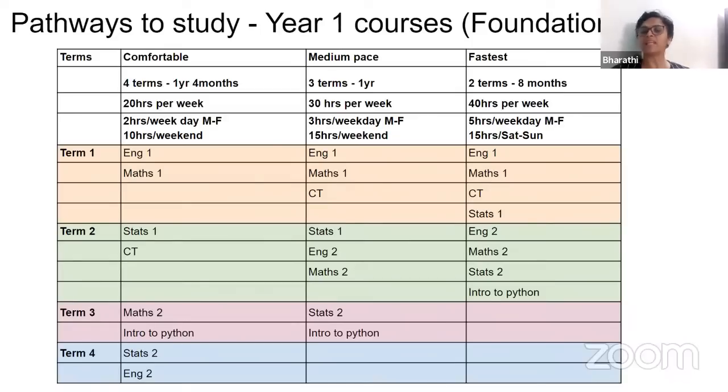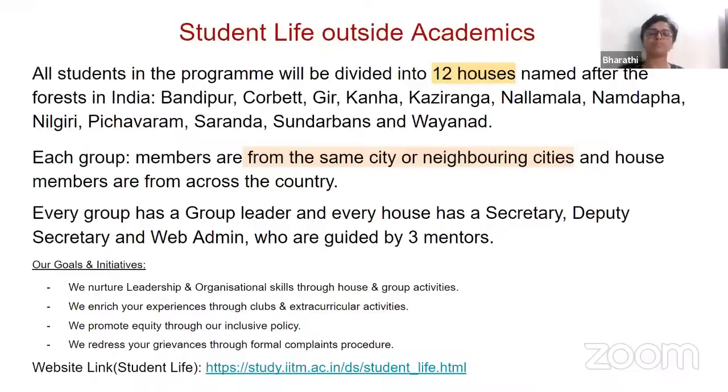My one friend can do 3-3-2 courses, finish in 3 terms. Another friend can do 2 courses and finish in 4 terms. There is no problem at all. All of us will study at our own pace and keep completing and moving in the degree at our own pace. That is something very nice about this program, where you can decide based on your knowledge, your time availability, what else you do, how many courses you want to take and pass in this program.